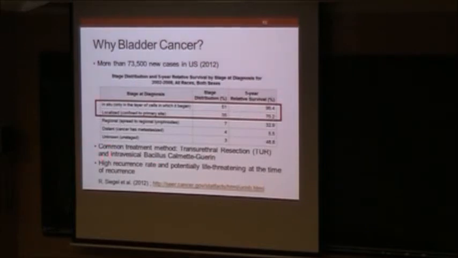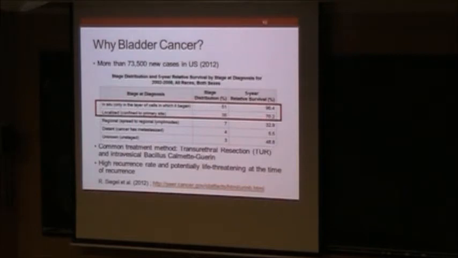the treatment method that they have right now is called TUR, and I'm not even going to try to pronounce this, but what they do is they basically pour a very toxic chemical into your bladder, and they scrape your bladder wall out, hoping that it catches the cancer.